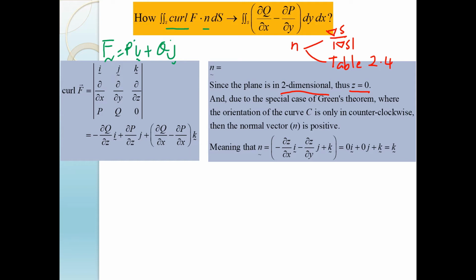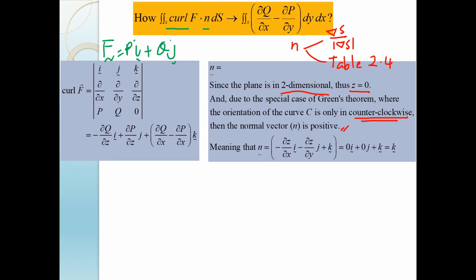Due to the special case of Green's theorem, we know that the orientation of curves is only counterclockwise. Because we want to know whether the normal vector is positive or negative in order to use the formula of n, and because C is always counterclockwise, the normal vector is positive.